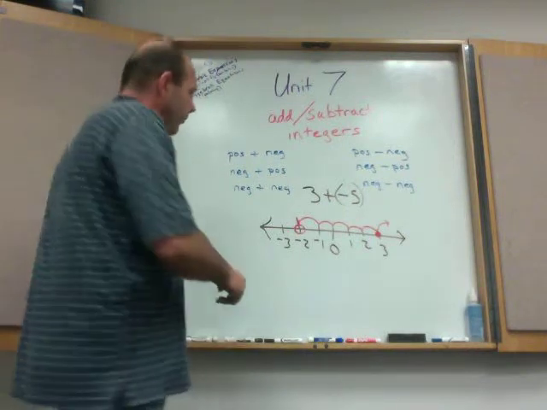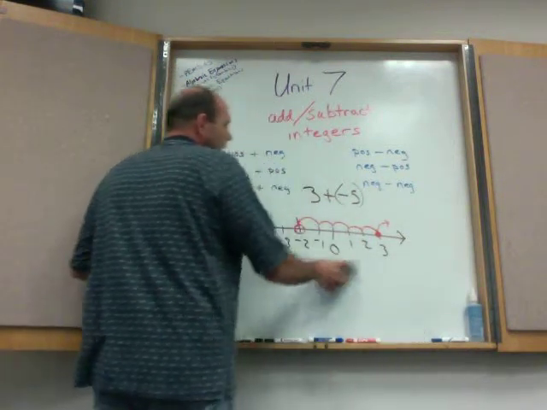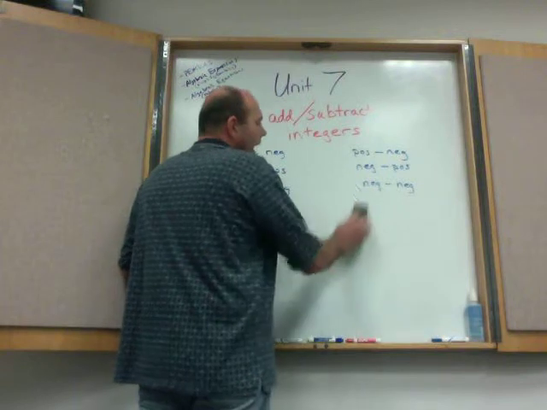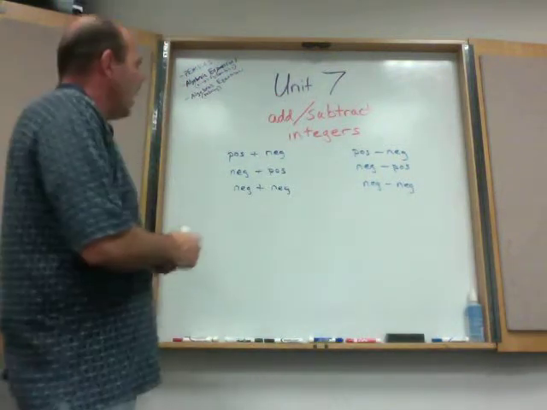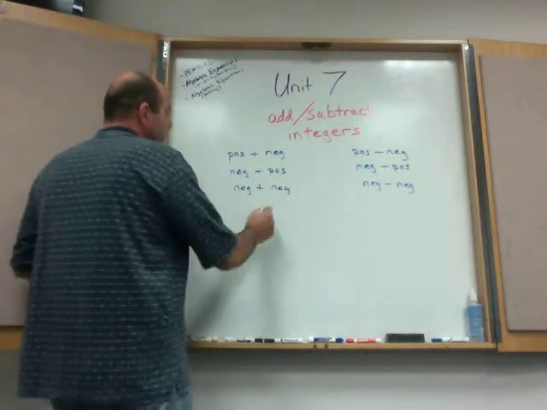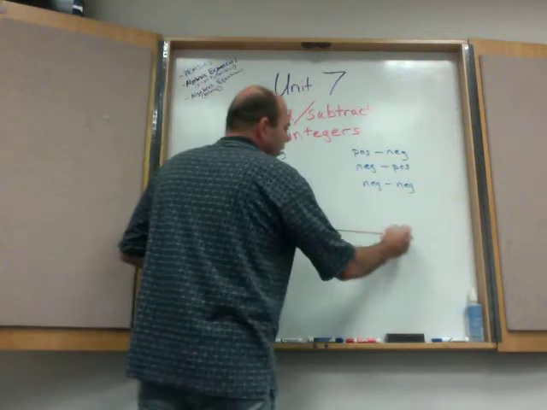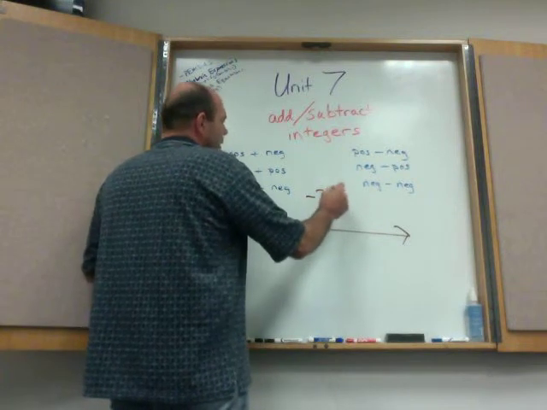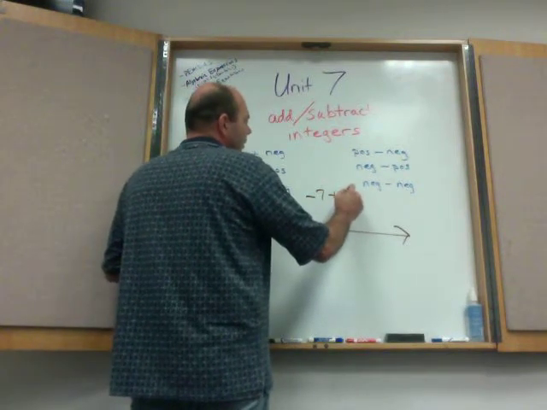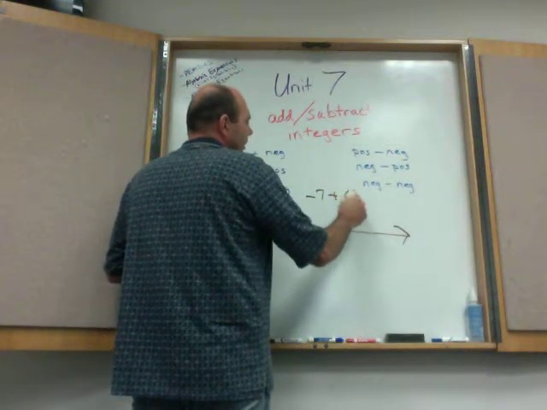Let's go through the rest of these quickly. I'm going to try to move a little bit quicker so we don't make this video too long again. Negative plus a positive. Okay, if I have a negative 7 plus, let's go with plus 6.